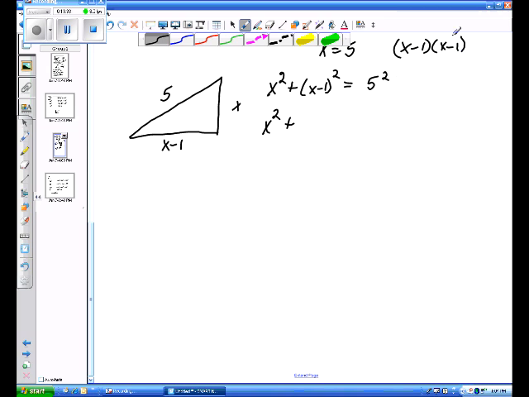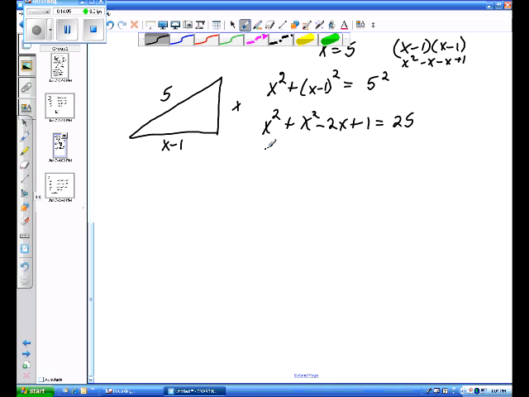What you would get here would be x times x, times negative 1, negative 1 times x, and negative 1 times negative 1, which is 1. So we have x squared plus 2x, minus 2x, plus 1 equals 25.